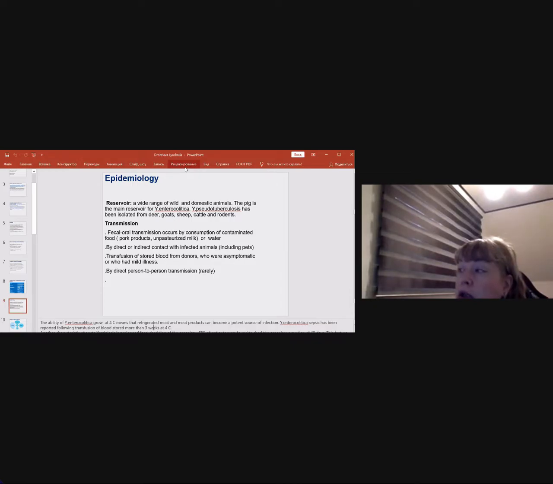Before the operation, she had diarrhea, subfebrile temperature, and then abdominal pain appeared in the right part of her abdomen. And she had some appendicitis symptoms, and she was operated on. But after the operation, her condition stayed the same.